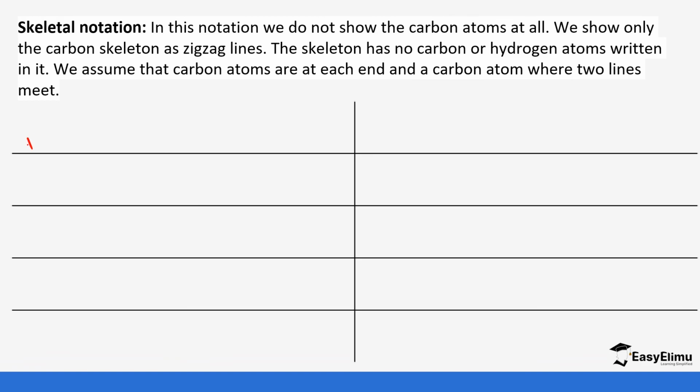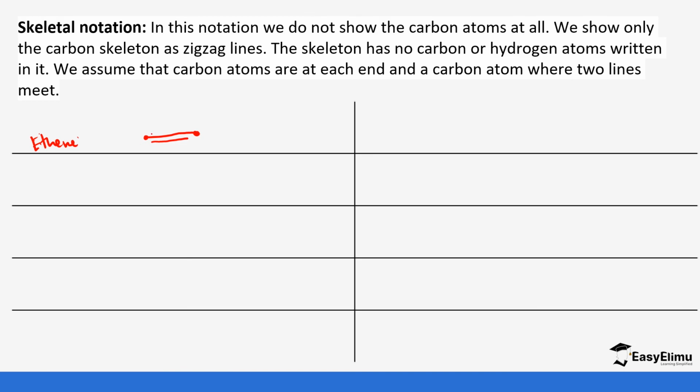So first we have ethene, and for ethene, if you want to show zigzag, we need two lines. So you show the first line and then a smaller line to show the bond. So this tells you there's a carbon at this end and there's a carbon. Remember, we do not show the hydrogens.